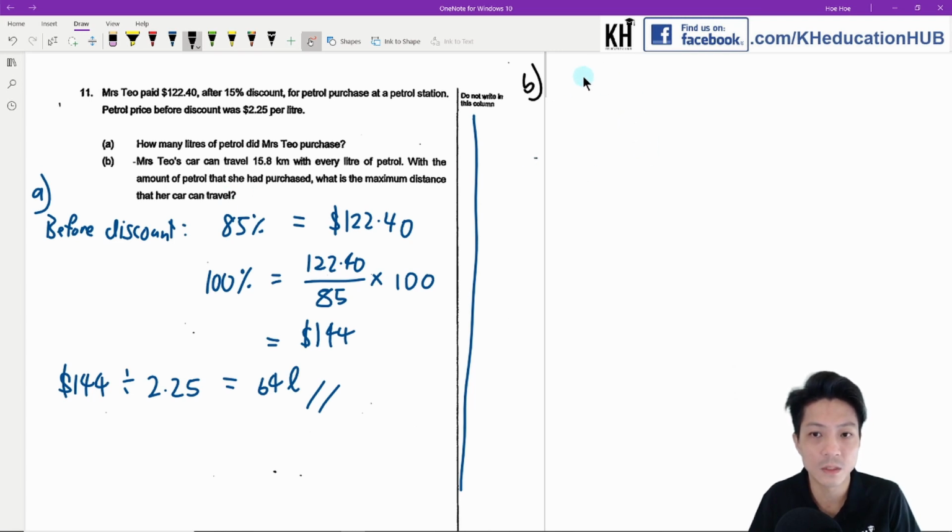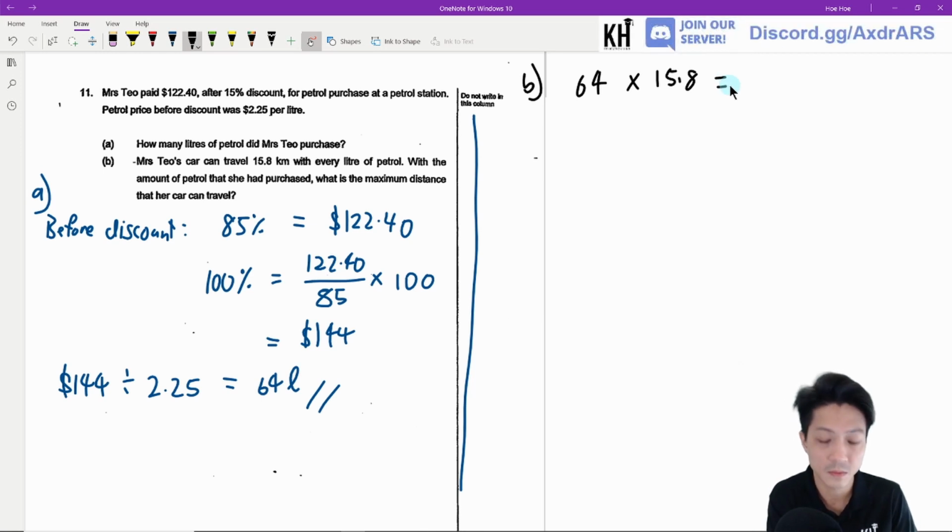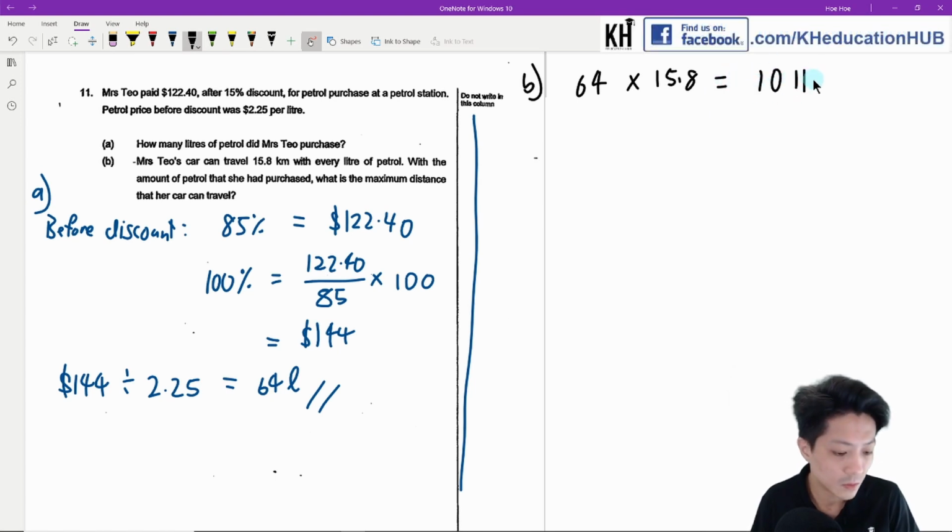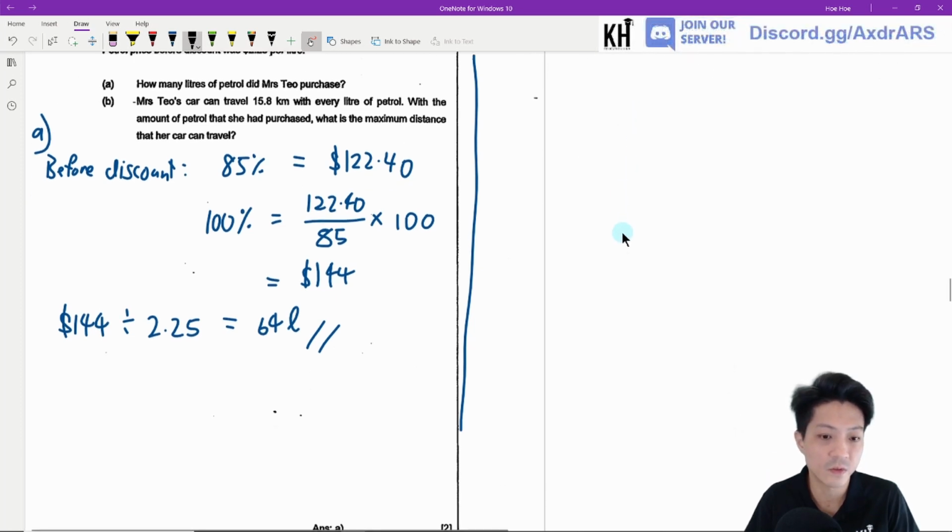So 64 liters multiplied by 15.8 goes to 1011.2 kilometers. That's the answer for part B.